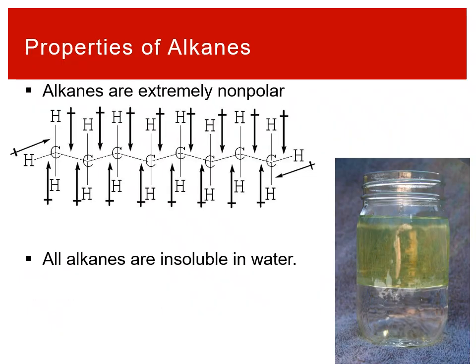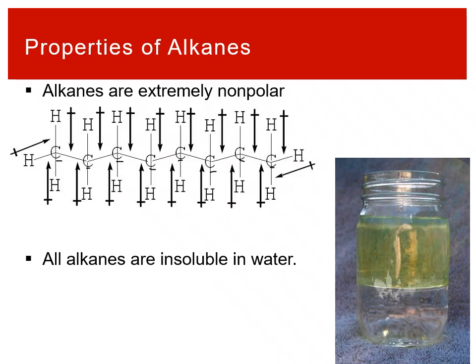So even though we have all of these different structures, the properties of alkanes are still fairly uniform. One of their most important properties is that alkanes are very, very non-polar. We have this diagram here. This is 1, 2, 3, 4, 5, 6, 7, 8 carbon atoms long, so that would be an octane molecule, and it's showing all the dipoles cancel out.